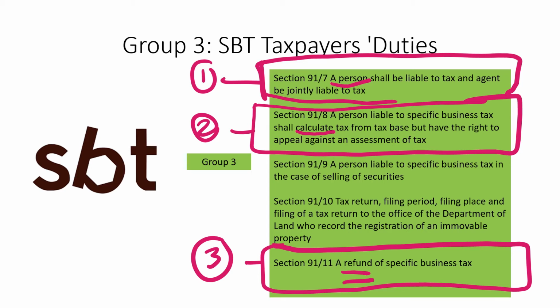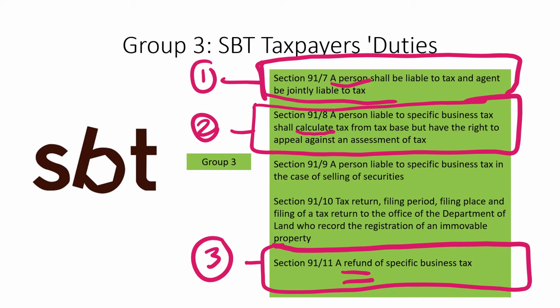So section 91/9 and section 91/10 provide a special method in case of selling of security and selling of immovable property respectively. Therefore, in other cases, you can look at section 91/8, but in case of selling security and selling of immovable property, you need to look at section 91/9 and section 91/10.